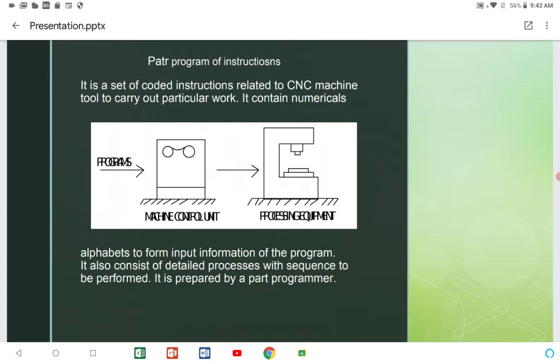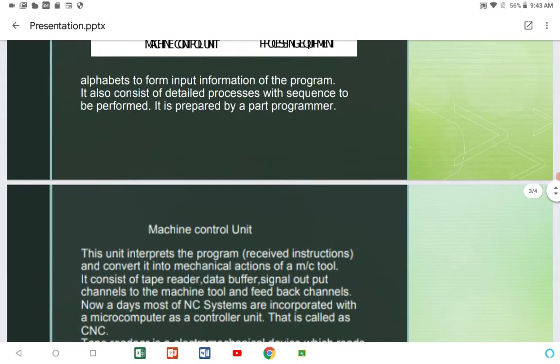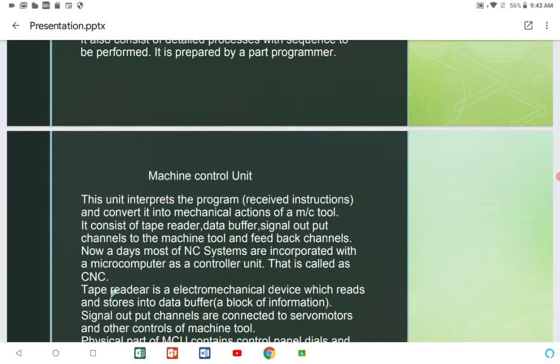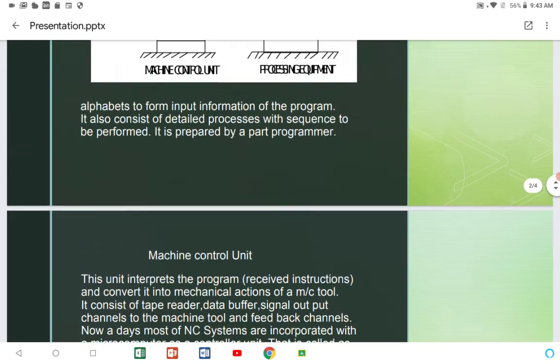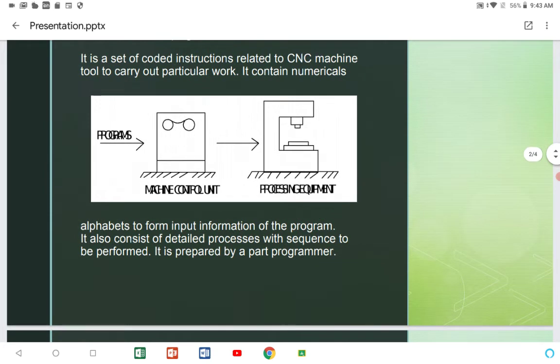So the first one, POI, that is program of instructions, is nothing but the coded instructions related to the CNC machine tool or its movement, or further its final actions. It contains the total information regarding the component.